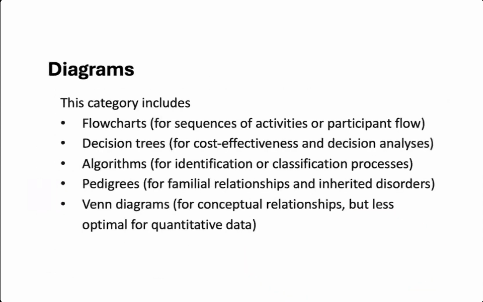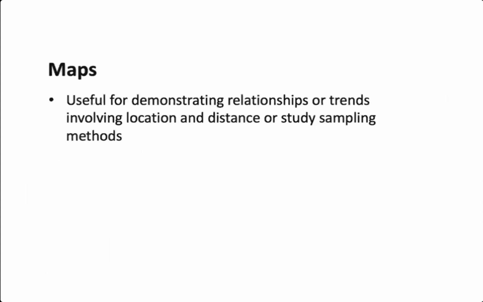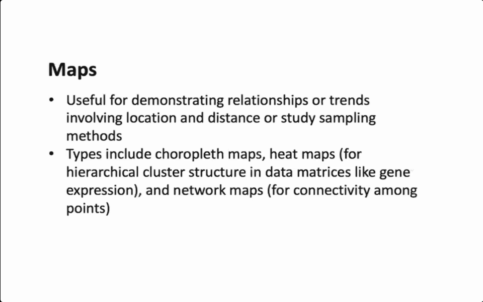Diagrams. This category includes flowcharts, decision trees, algorithms, pedigrees, Venn diagrams. And then maps are useful for demonstrating relationships or trends involving location or distance or study sampling methods. And here are listed some of the types of maps.